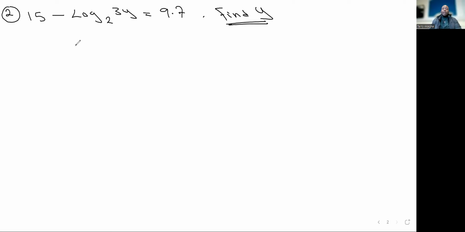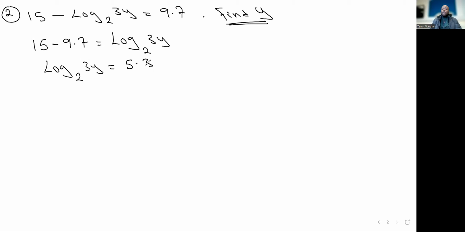So similarly, I'm going to take this log to the other side and bring that to this side. We're going to have 15 minus 9.7 is equal to log 3y to base 2. 15 minus 9.7, that will give you 5.3. So that means we're going to have log 3y is equal to 5.3. So converting log to index, we're going to apply law 13.